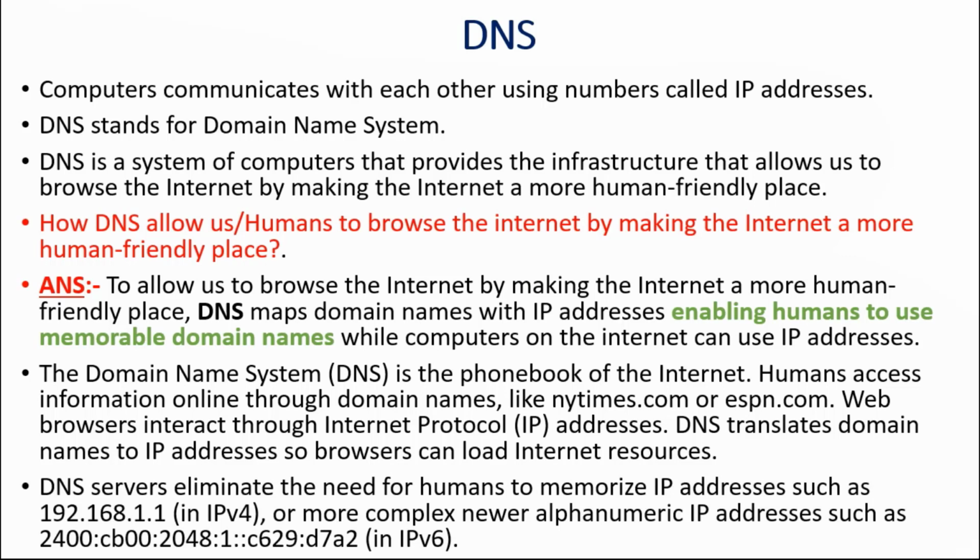DNS servers eliminate the need for humans to memorize IP addresses such as 192.168.1.1 in IPv4, or more complex newer alphanumeric IP addresses such as 2400:CB00:1:C629:D7A2 in IPv6. IPv6 uses hexadecimal number format, and IPv4 uses decimal number format.